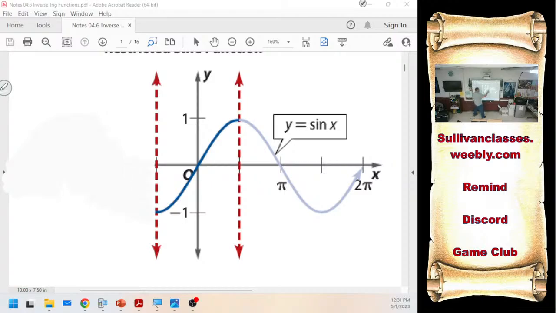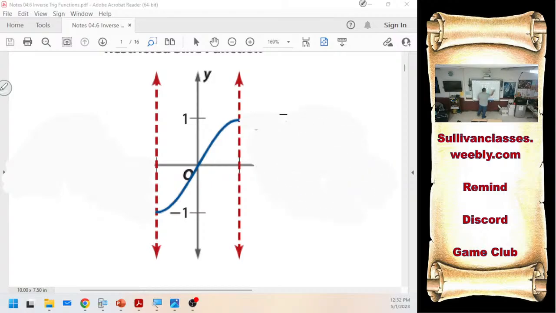So what we're going to do is restrict this. If I only look there, now I have, just like with that parabola, if I cut it off and only look at half of it, I've got a function that I can make inverses with.